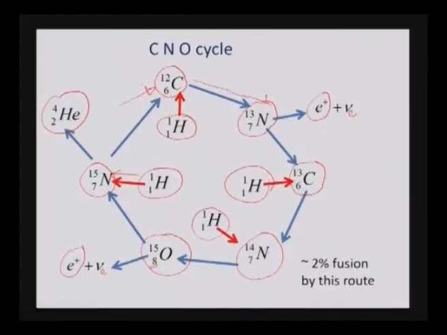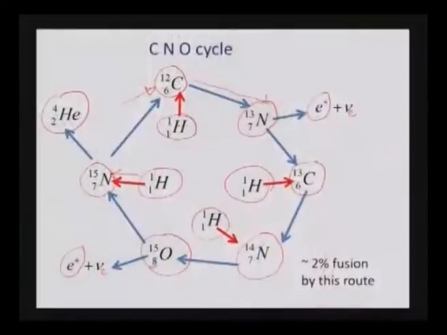So, we started with a carbon-12 nucleus, total mass number 12, and after this whole cycle we created that carbon-12 once again. So carbon is not consumed, nitrogen is created and it is consumed, oxygen is created and it is consumed. So nothing changes in the carbon, nitrogen, oxygen composition.